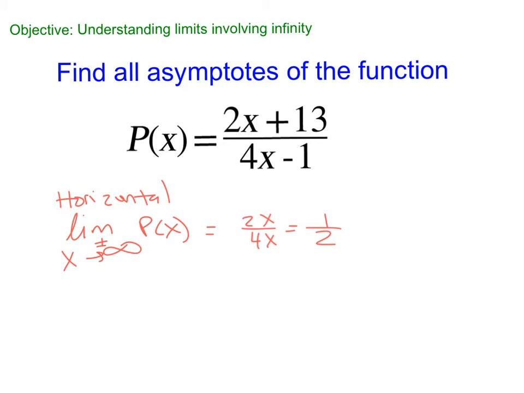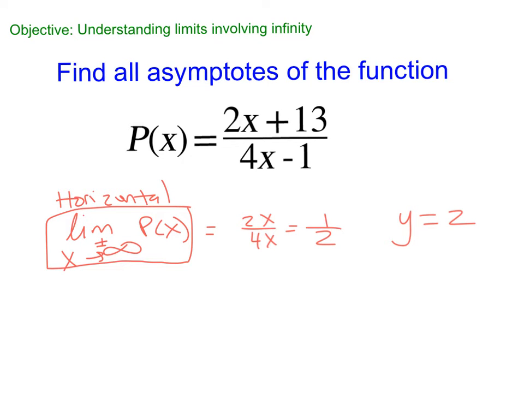You need to actually write this. You need to write that it's the limit as x approaches infinity. If you just put y equals 2, that's not going to count. I want you to show me that you know that it's the limit as x approaches infinity.